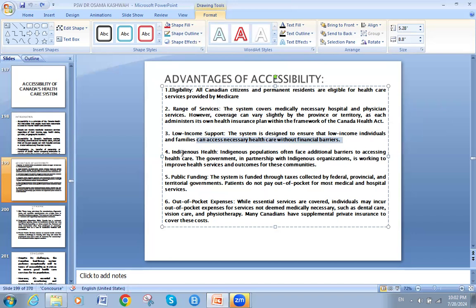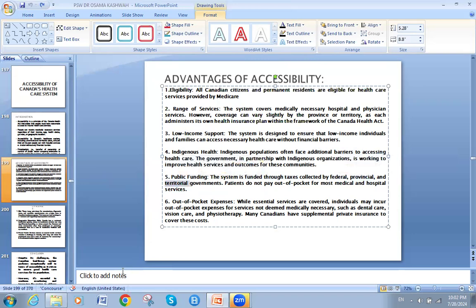The fourth point is indigenous health, the original people. The indigenous population often faces additional barriers to accessing healthcare, but the government, in partnership with indigenous organizations, is working to improve healthcare services for indigenous people. Public funding: the system is funded through taxes collected by federal, provincial and territorial governments.